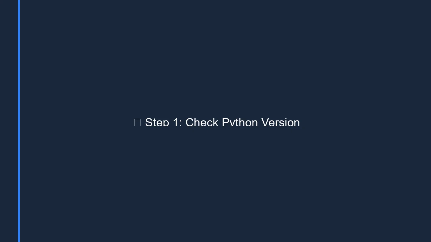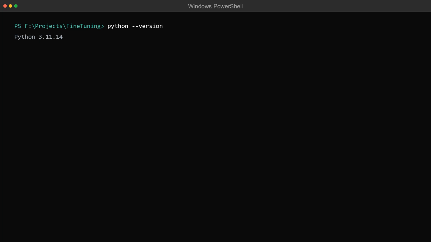Step 1. Check Python version. The command here is simply python --version. What you're looking for in the output is a version number in the 3.10, 3.11, or 3.12 range. 3.11 is the sweet spot for this course.